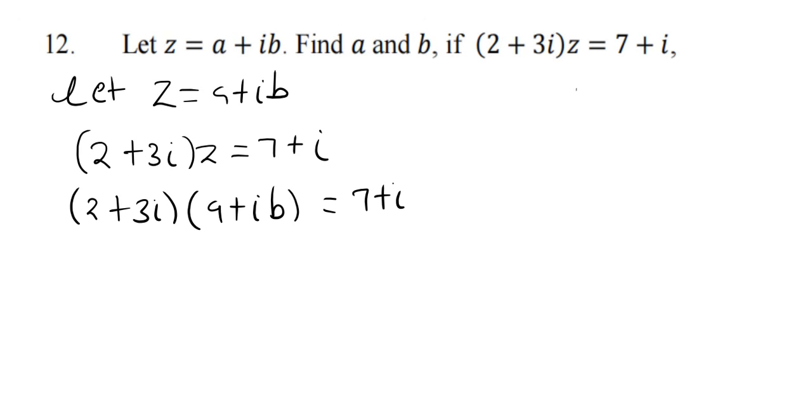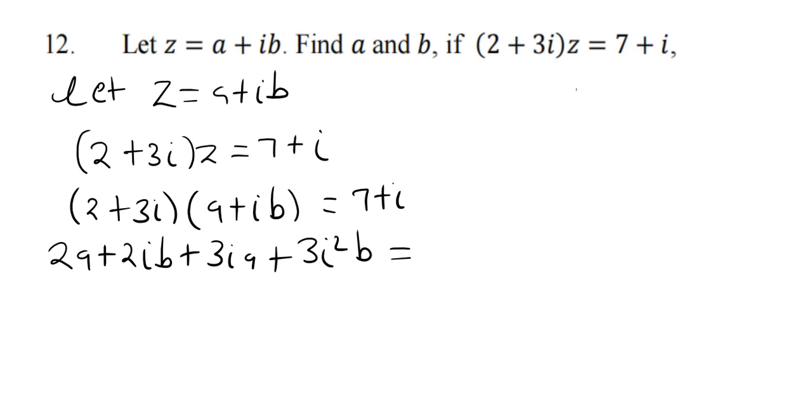Okay, so if I expand this expression, what am I going to get? I'm going to get 2a plus 2ib plus 3ia plus 3i squared b is equal to 7 plus i.